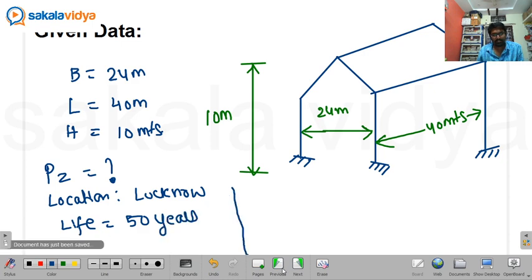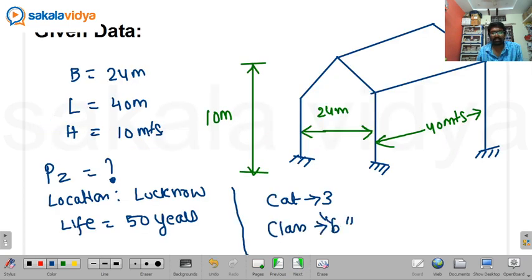It belongs to category 3, and class B. So breadth, length and height of the structure are given. We have to calculate basic wind pressure whose location is Lucknow, life of the structure is 50 years, category 3 and class B.